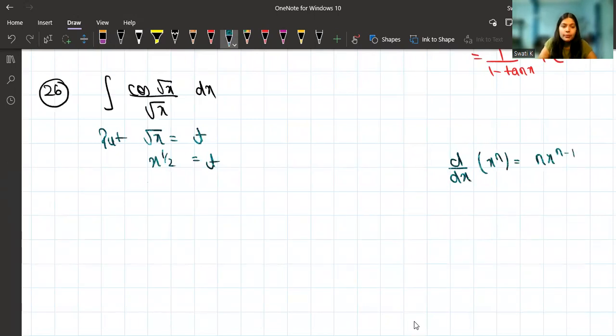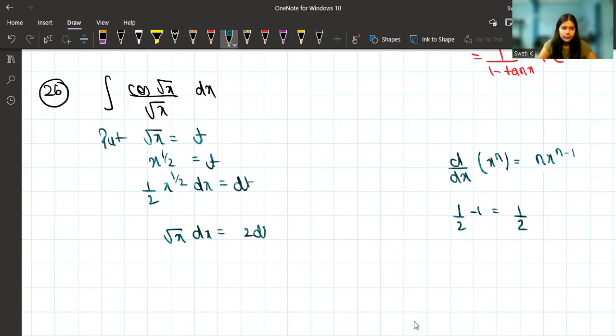So using that formula, it is 1 upon 2 x raised to half minus 1, right? So it is half minus 1, that is 1 upon 2. So it is 1 upon 2 dx equals dt. So that is simply root x dx equal 2 dt, right?